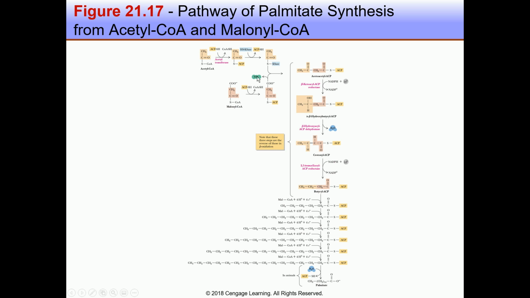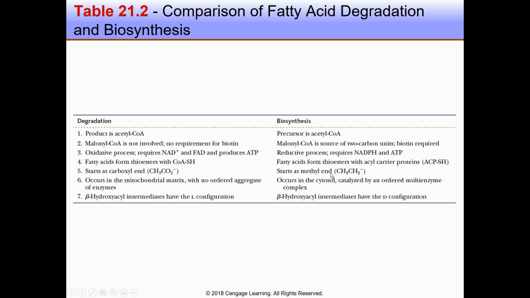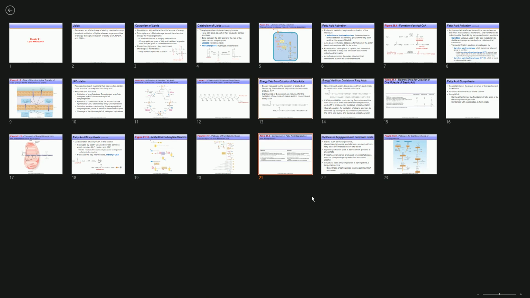You can see here carbon dioxide being released, and the decarboxylation drives the enzyme called beta ketoacyl ACP synthetase, and it results in the addition of 2 carbons to the growing chain. And here there are some reactions taking place which are actually the reverse of what is taking place in the beta oxidation.